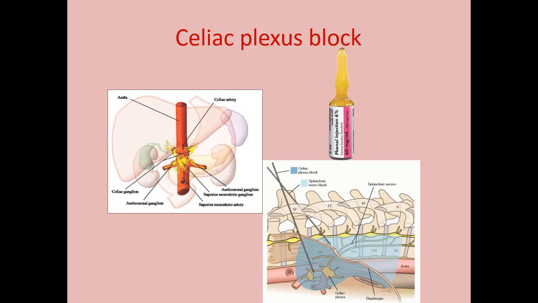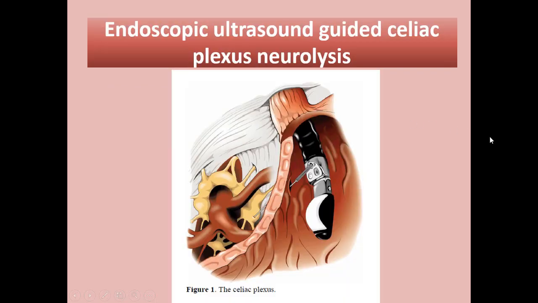If you are using phenol or alcohol, basically that destroys the nerves. As you can see here, I have put this injection here. This is the neuroablative injection. This is the endoscopic ultrasound guided celiac plexus neurolysis.